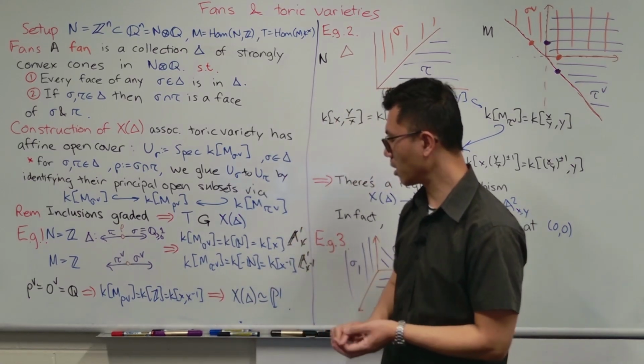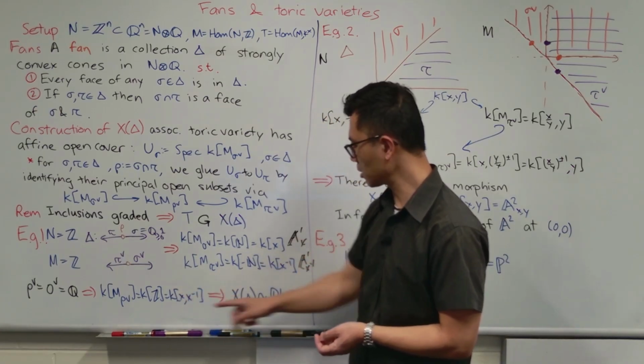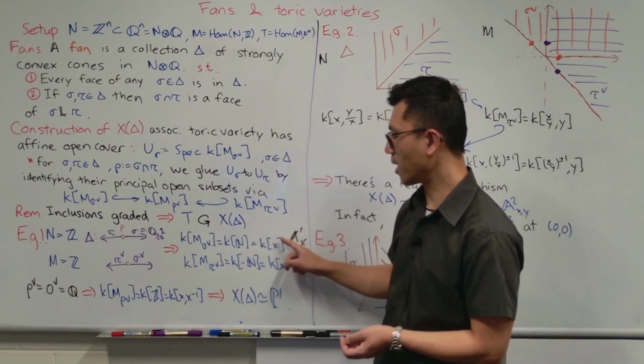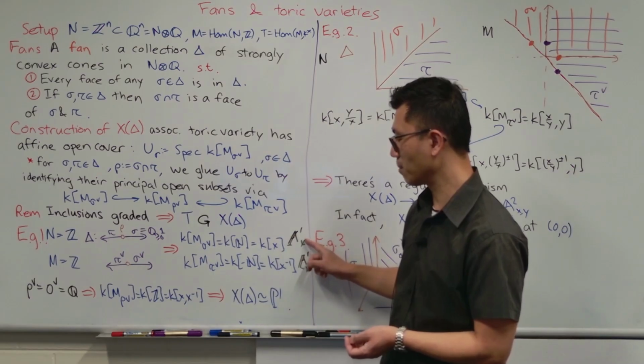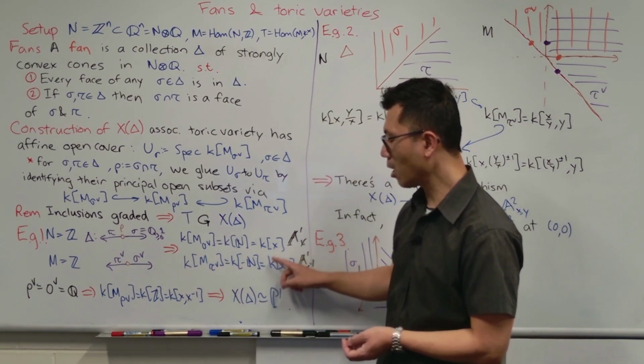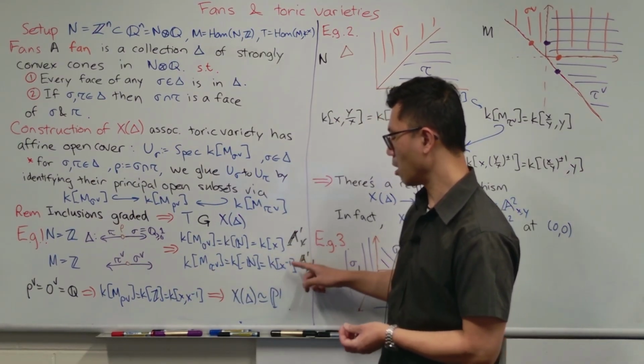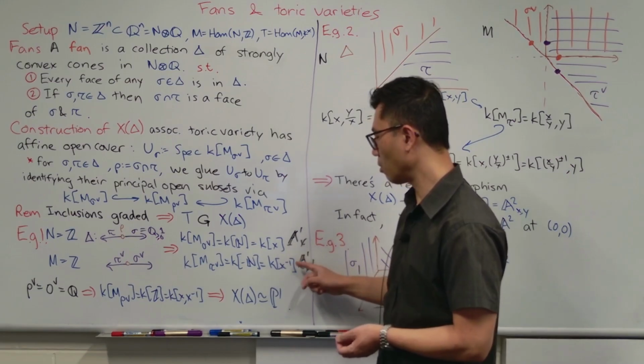And you're going to glue them together. How do you glue them together? This tells you how to glue it. This is the localization of this by inverting x, so you remove x equals 0. And this is also the localization of this one here. You've just thrown in an x, which means you invert x inverse, so you remove x inverse equals 0, or the infinity.